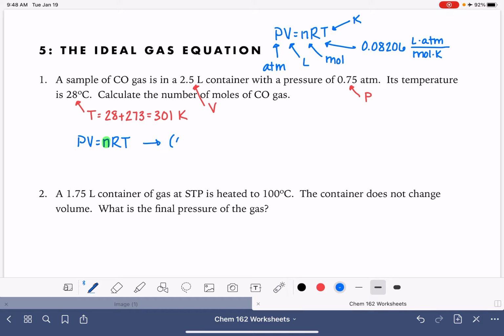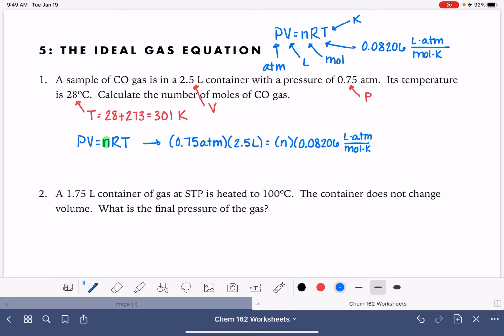Our pressure is 0.75 atmospheres. Our volume is 2.5 liters. n is the unknown variable. R is 0.08206 liters atmospheres over moles Kelvin.